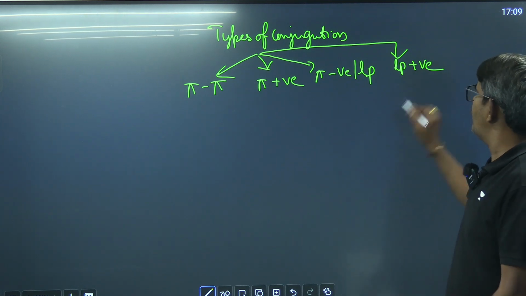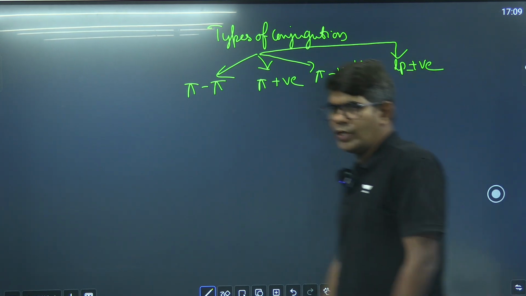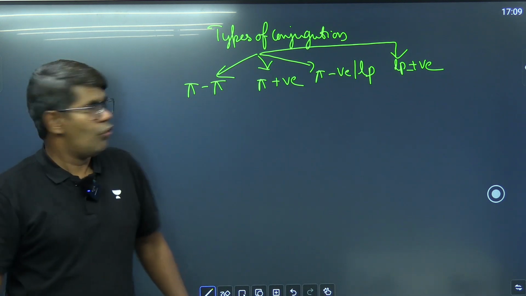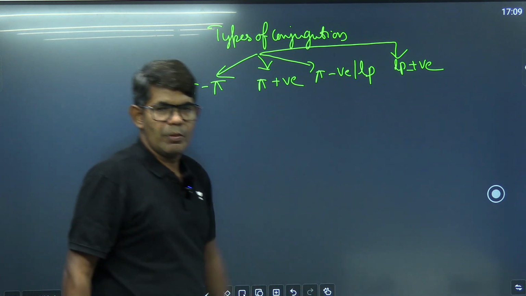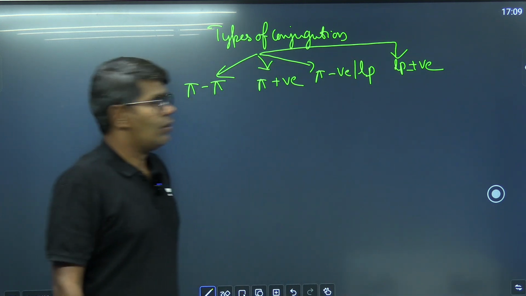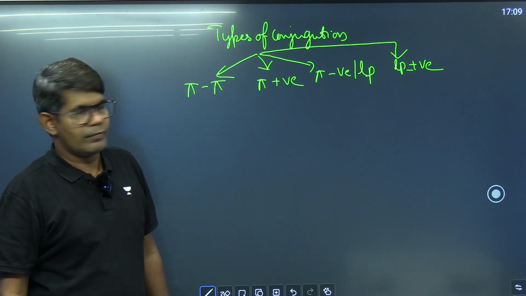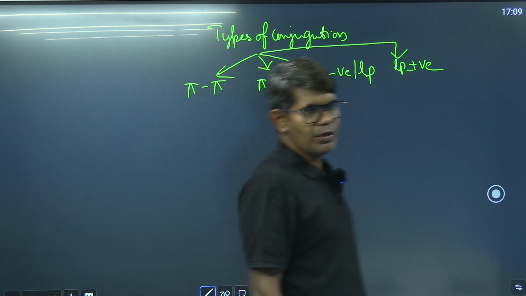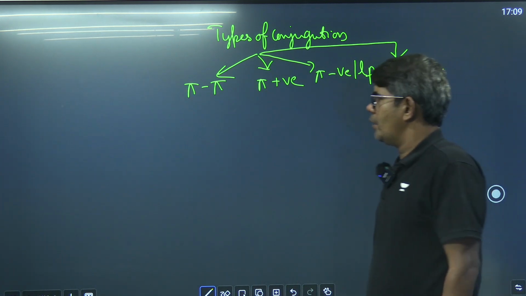If you have carefully noticed, the conjugation is most of the times with respect to the pi orbitals, and we have one more, that is lone pair positive conjugation.